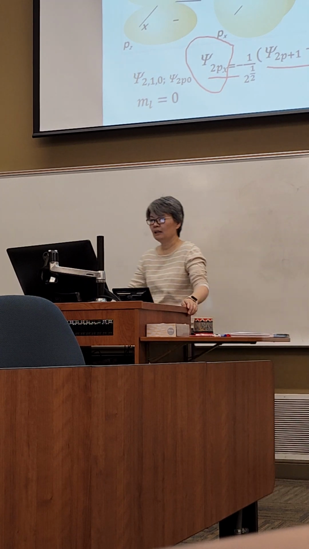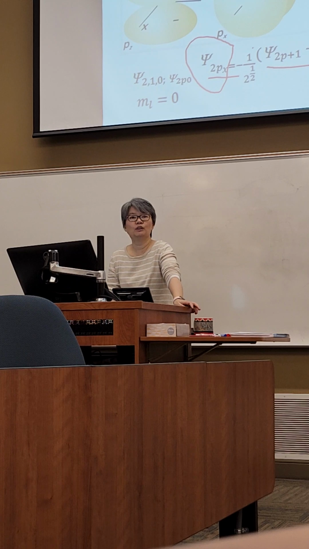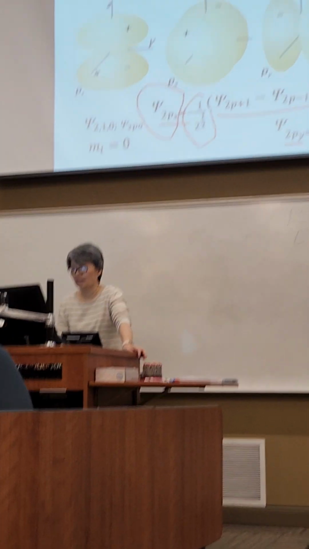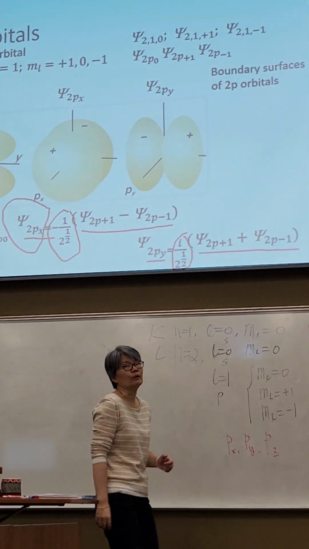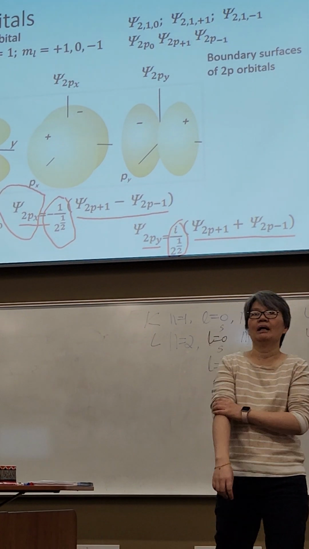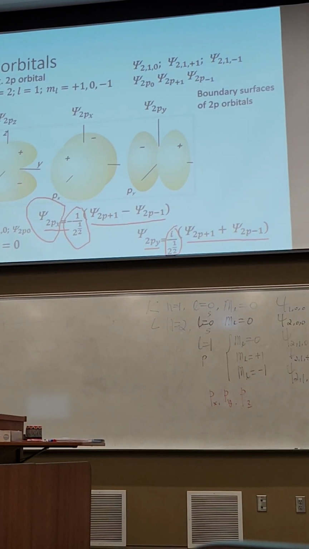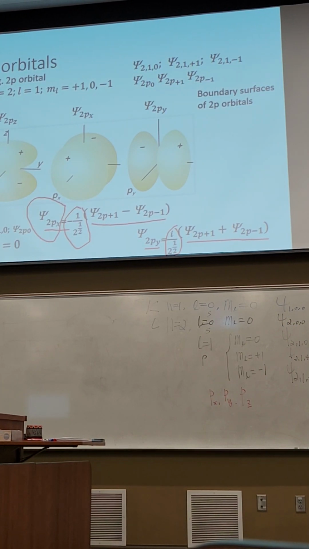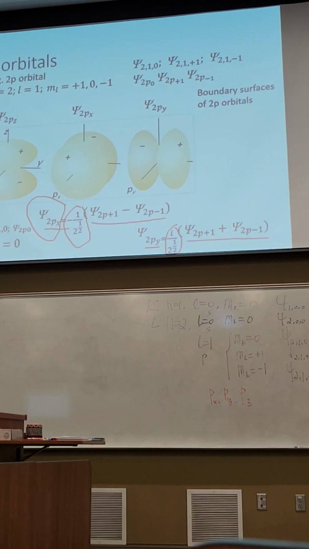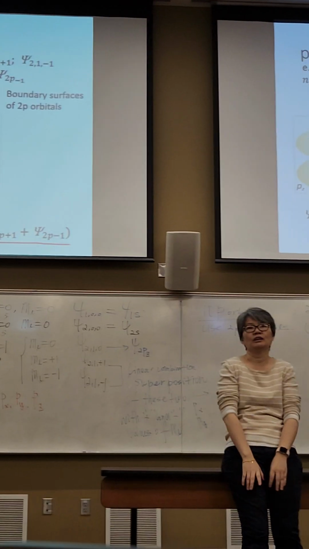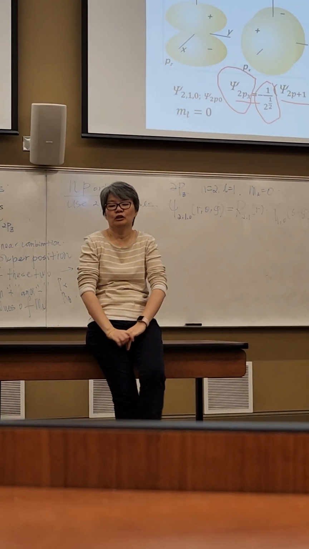So in addition to the linear combination or superposition, you will have a constant, and the constant is different for px and py. If you already know the 2p plus 1 and 2p minus 1, do this mathematical operation, and you will come up with the wave function for the 2px and 2py.